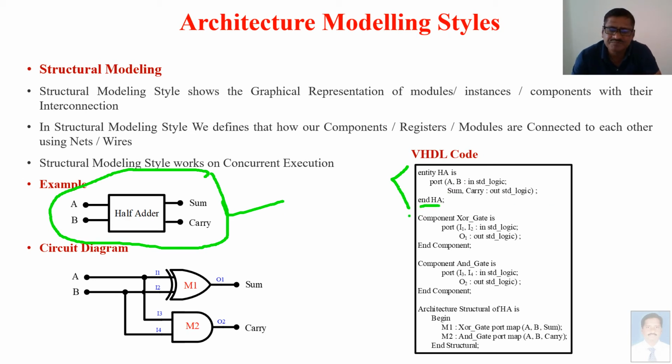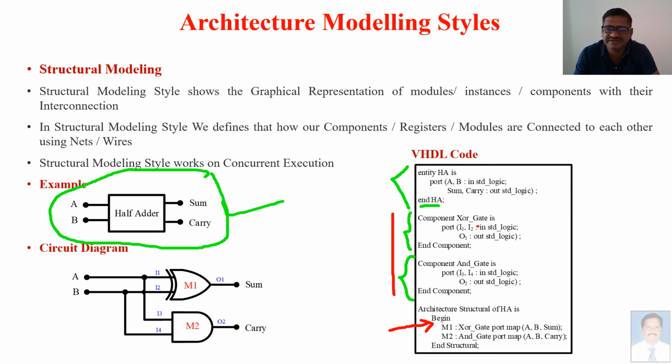Then here, this is one declaration which is used in the structural modeling, which is known as a component declaration. As I have mentioned previously, all the declarations except variable declaration should be before the begin of the architecture. Here is the begin of the architecture, and these are the declarations. They should be before the begin of the architecture.